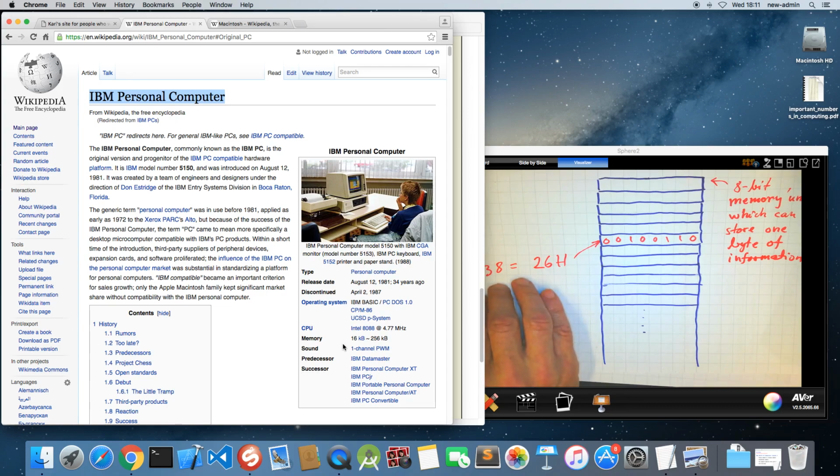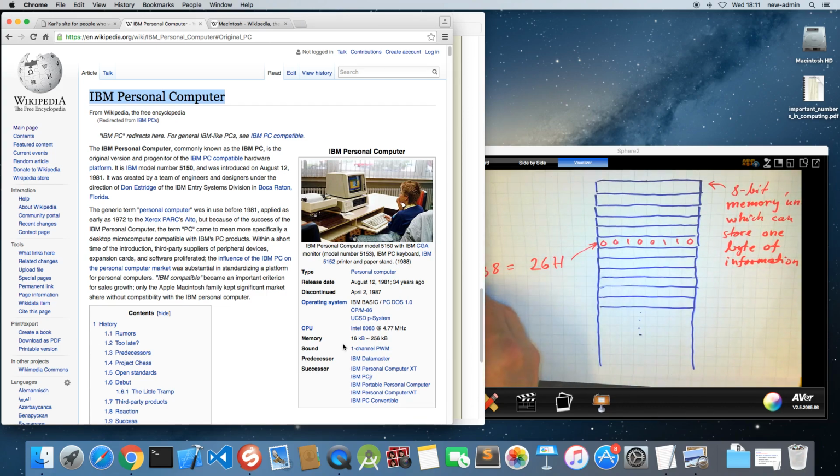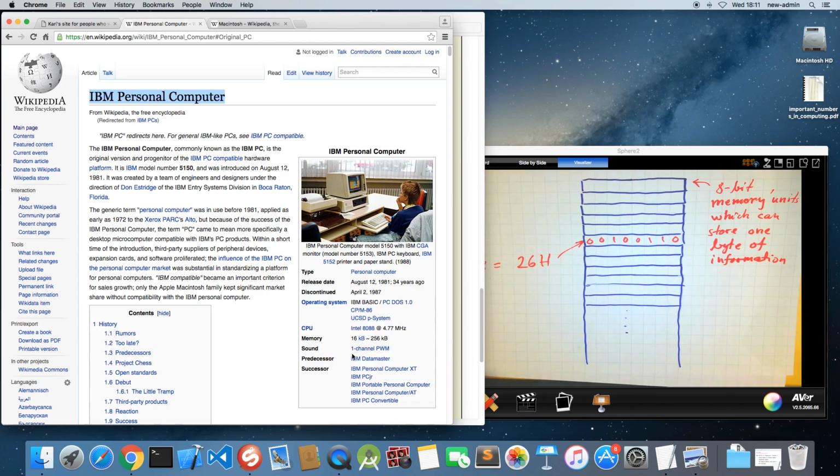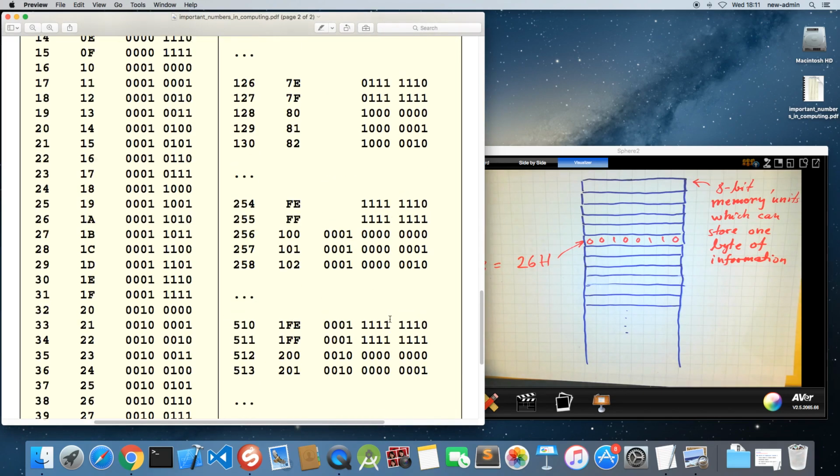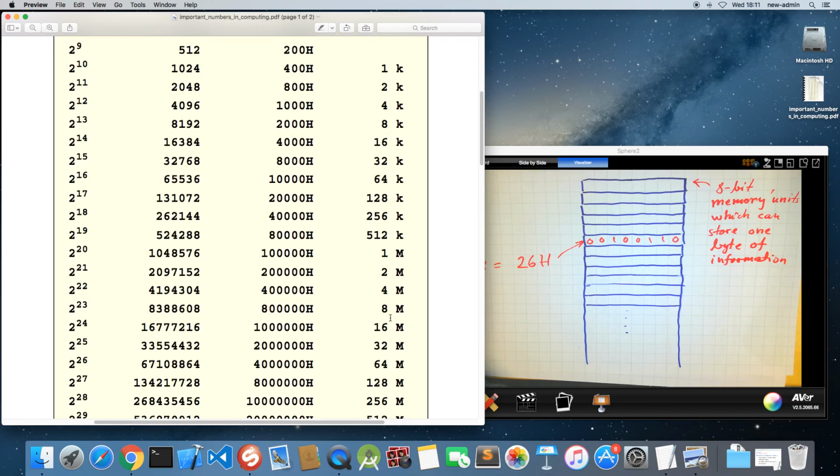So what this practically means is, for instance, if we take this 16 kilobytes, the 16K, it means that there are this many, 16,384, so many of these 8-bit memory cells, or memory units, or whatever I would call it. So that is the secret of computing.